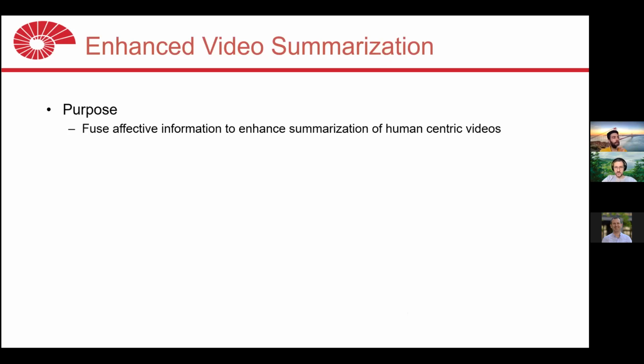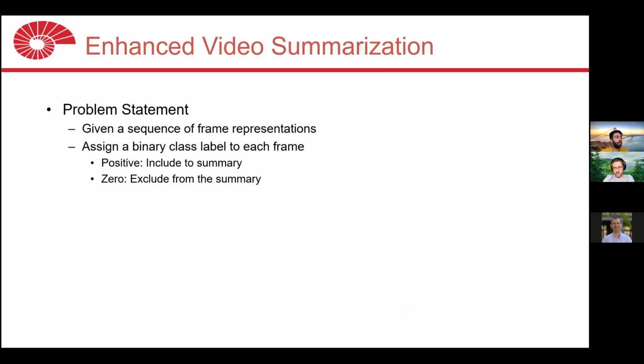Again, our approach is to fuse this affective information to enhance the summarization of human-centric videos. But what does it mean for us to summarize a video? Currently we have a sequence of frame representations, which are the outputs of GoogleNet as visual features.